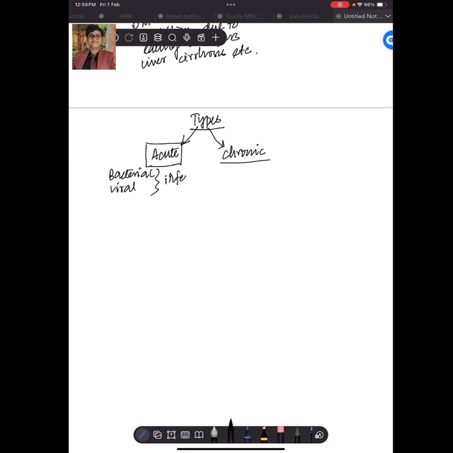Now, why is it occurring? The mechanism involves mainly two factors. First is hyposecretion from the gland, and another one is obstruction.